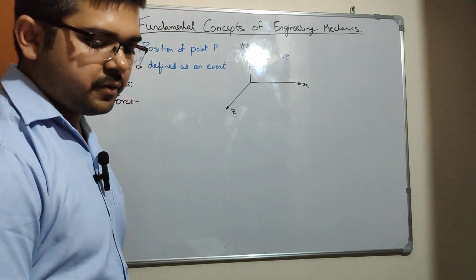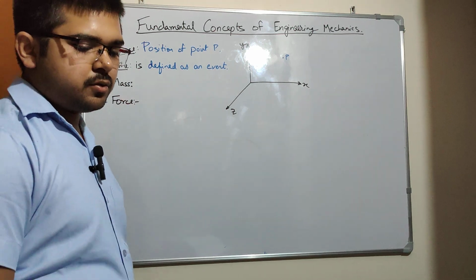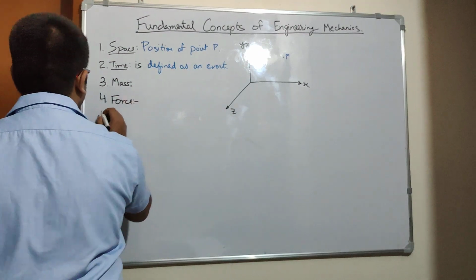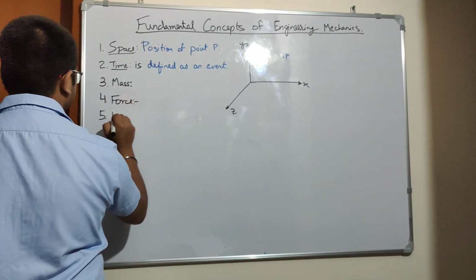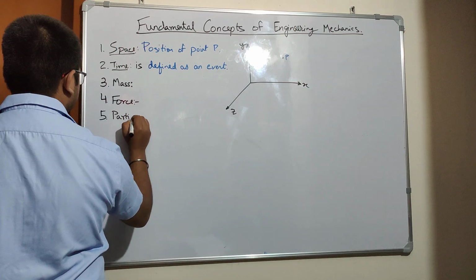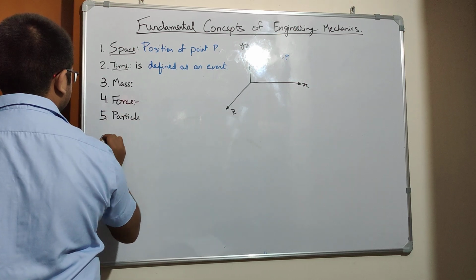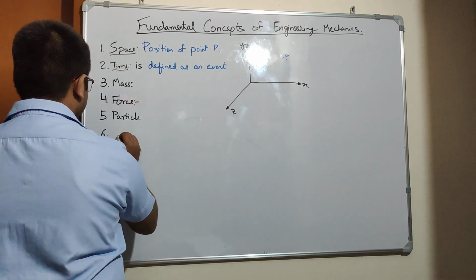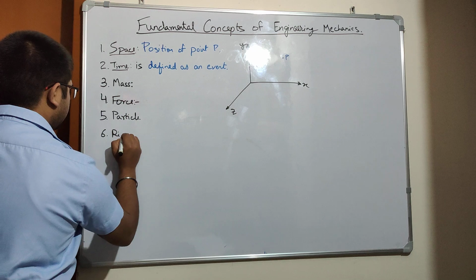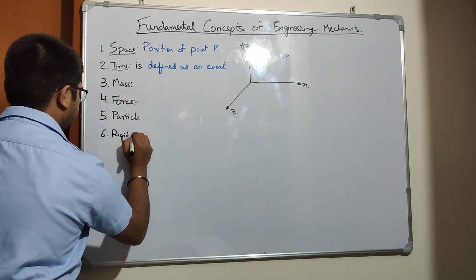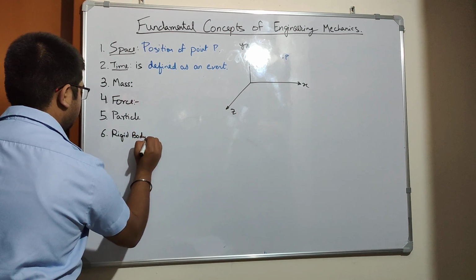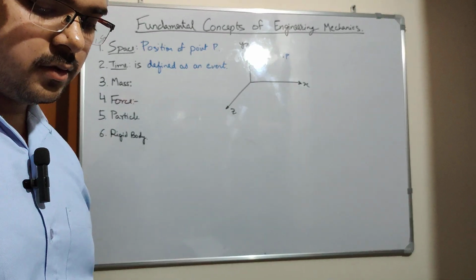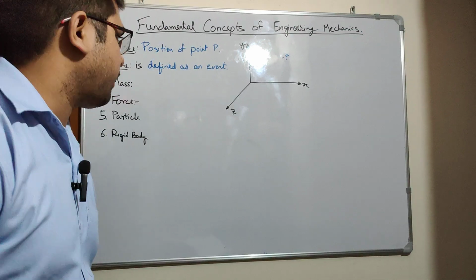Now, we need to understand what is a particle and what is a rigid body. So, a particle is a very small amount of matter.